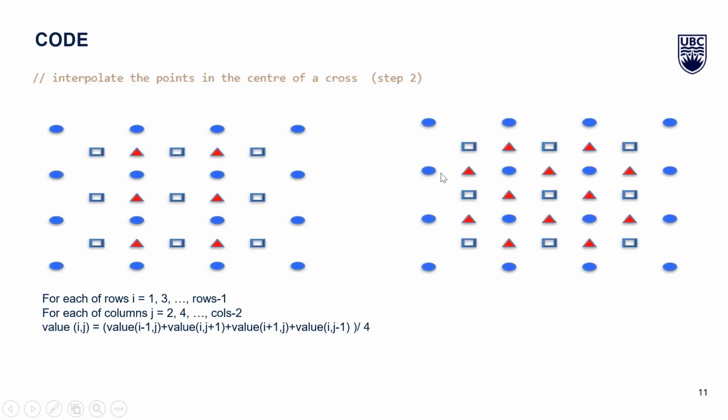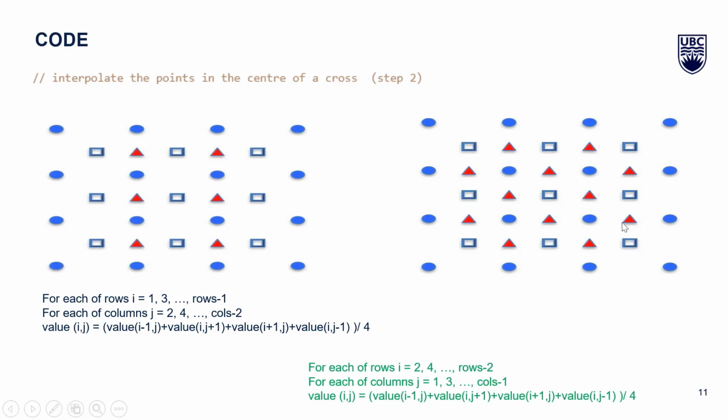We also need to interpolate new points, like what we did here. So we need to interpolate new points in rows 2 and 4, and in columns 1, 3, and 5. Following the same way, we can calculate the value of these new points by taking the average of the points around it.